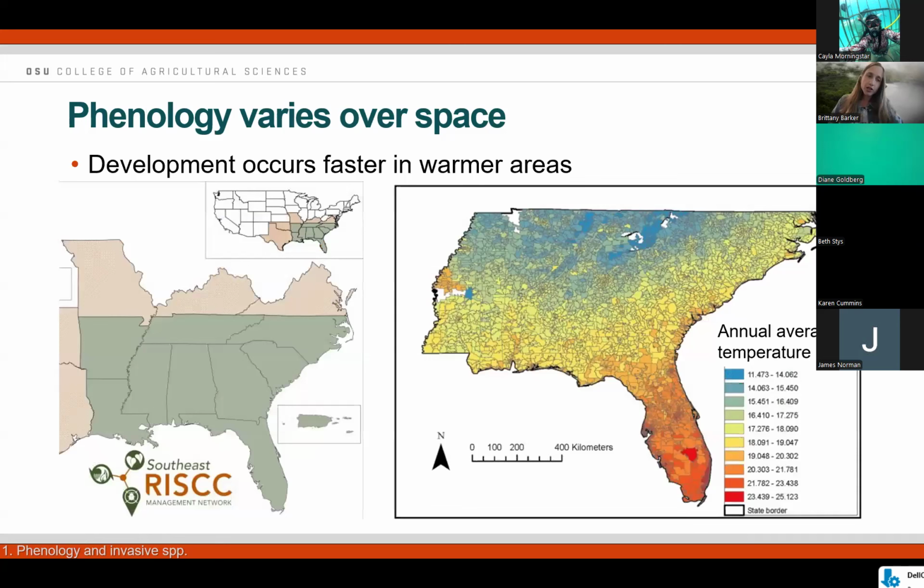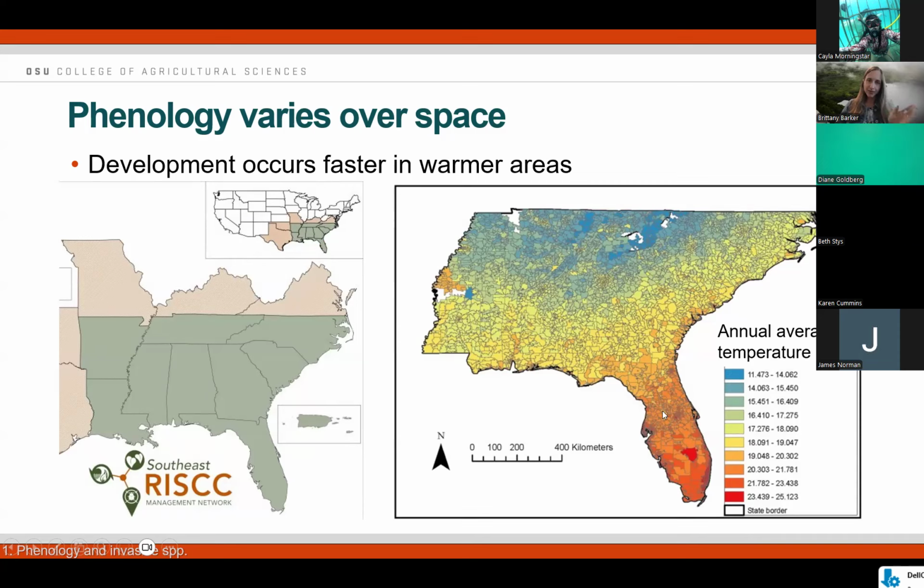So phenology can vary over space. These maps down here are showing the Southeast US. So the Southeast risk region is with these green states right here. And if we compare that to a map of annual average temperature, some of the states are missing in this picture.